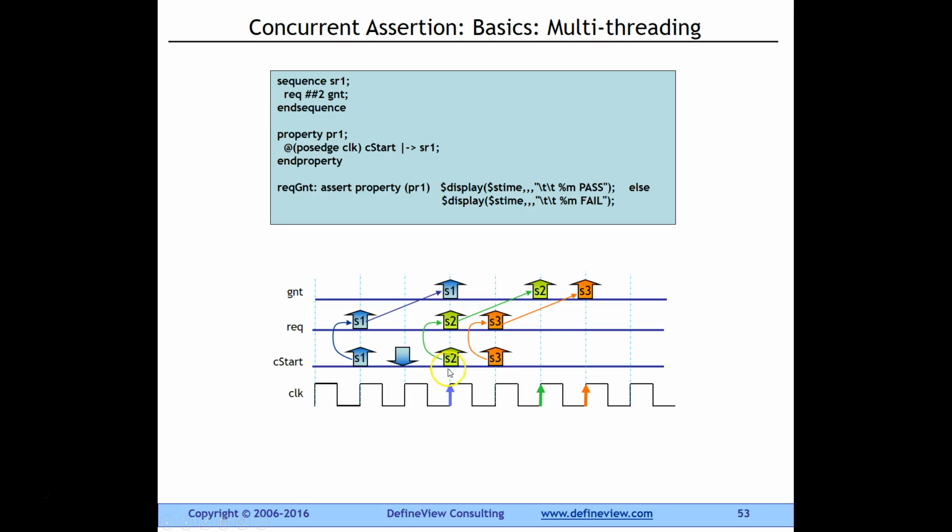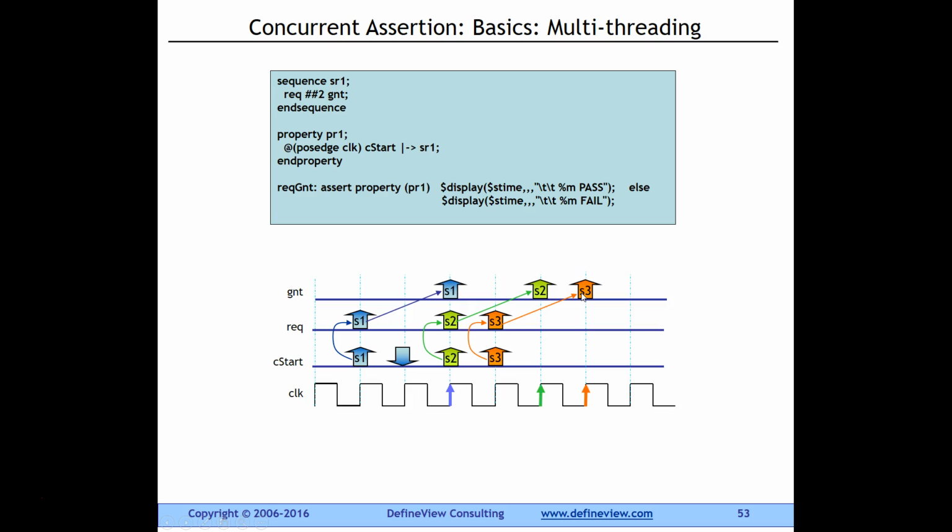Now, the S3 thread starts the very next clock, and at that clock the thread S2 was still executing. It has not ended yet. That being the case, S3 will still start, it won't be ignored, and it will go through its transitions. And in this particular example, I'm showing the transition such that all the 3 threads pass.